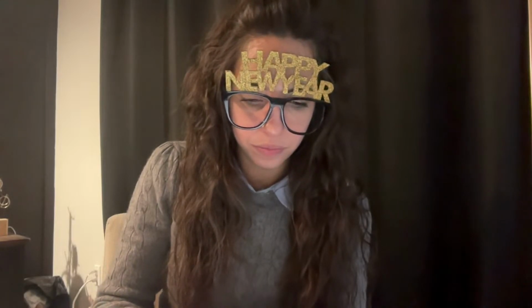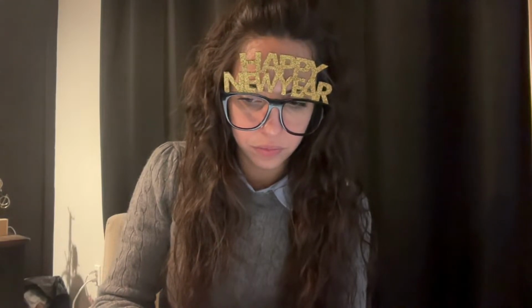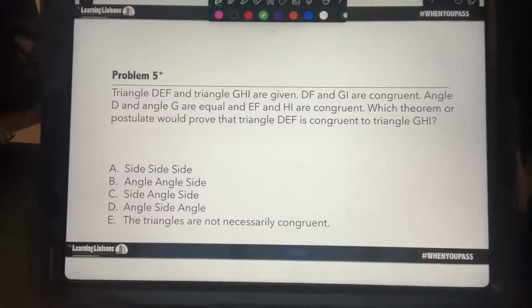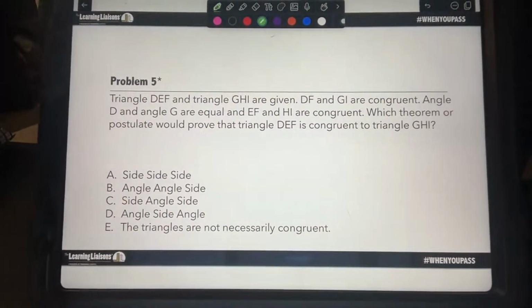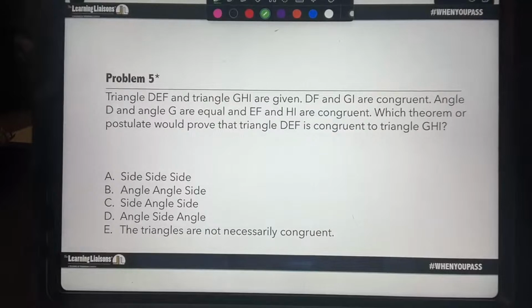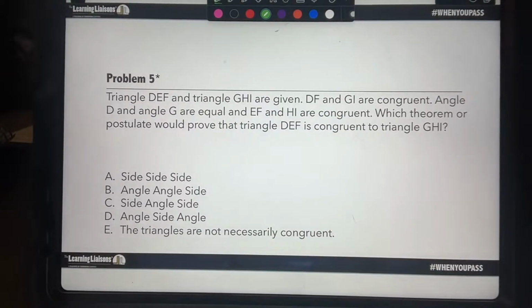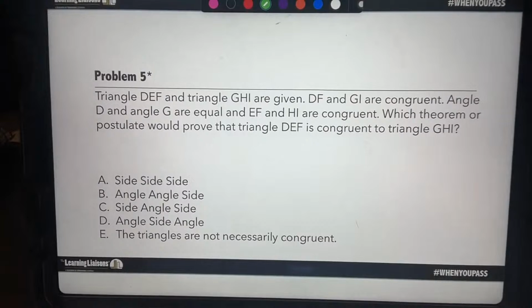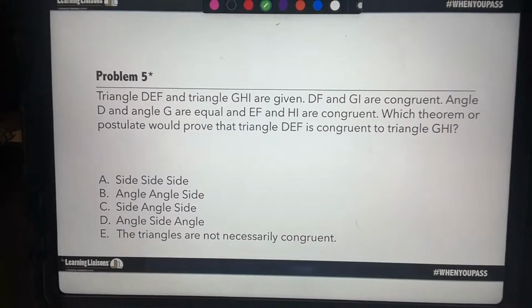Ooh, this is a good one too. All right. Triangle DEF and triangle GHI are given. DF and GI are congruent. Angle D and angle G are equal, and EF and HI are congruent.